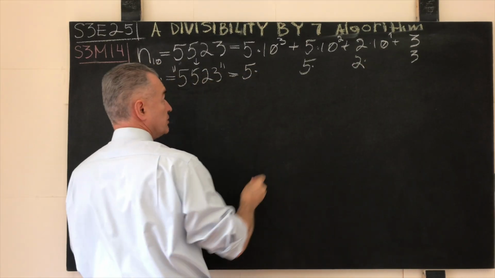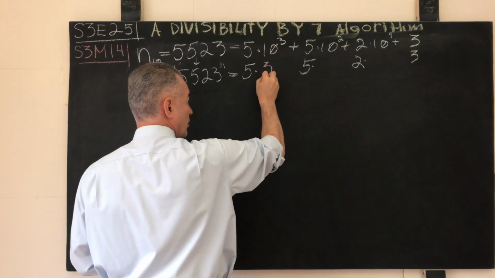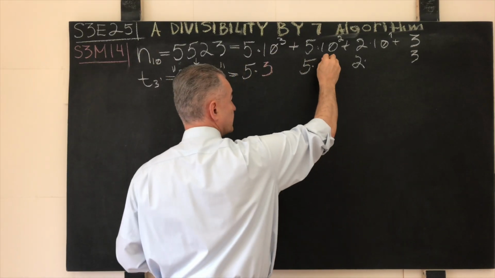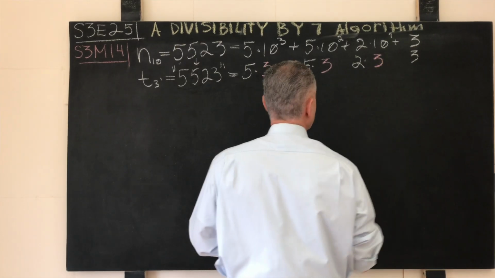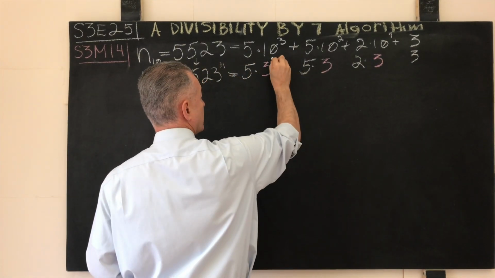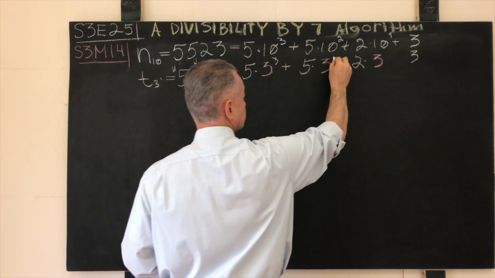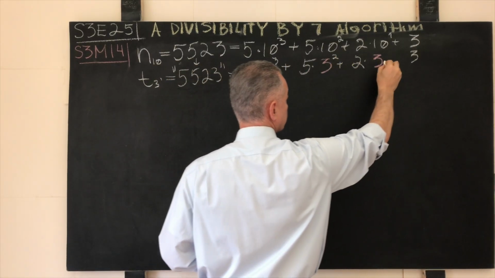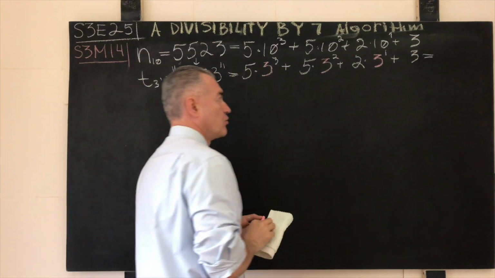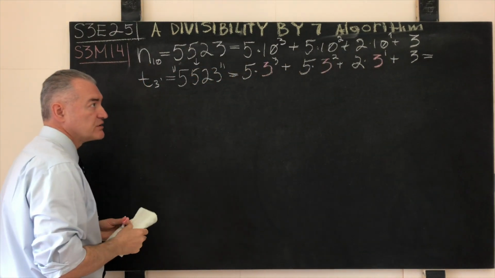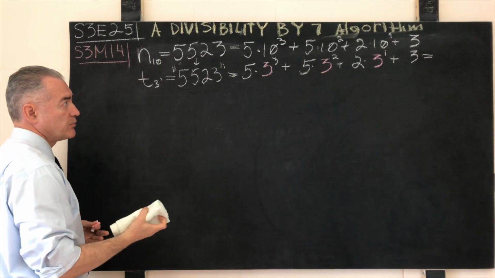I will even use a different chalk, the different base, pseudo base 3, and here we will have 3 cubed plus 3 squared plus 3 to the first plus. Now we compute what the real number in this decomposition comes out to.